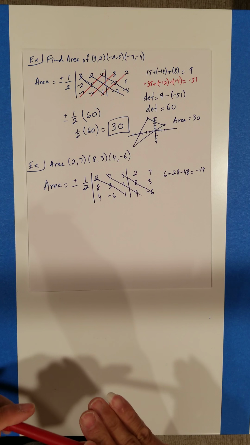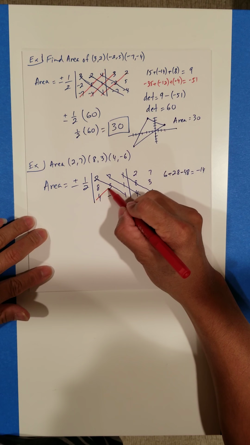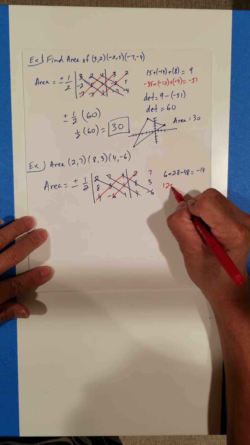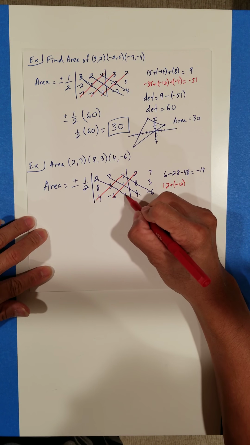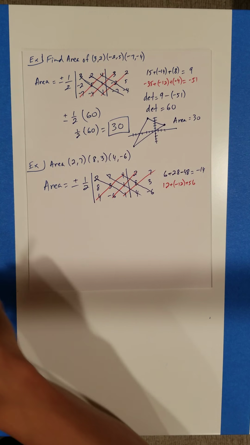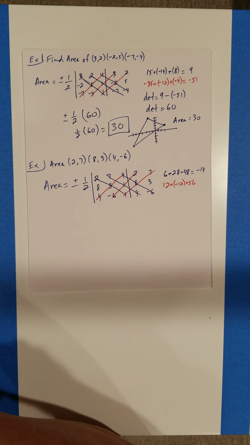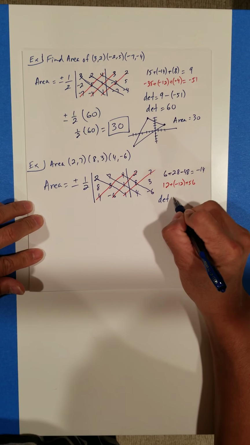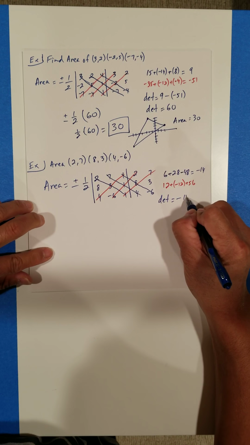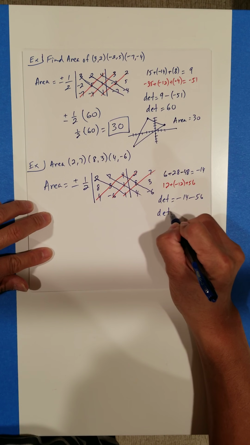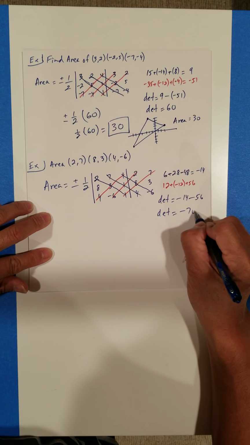Now going up, we get 12, then -12, then 56. So the determinant is -14 minus 56. My determinant in this case is -70.